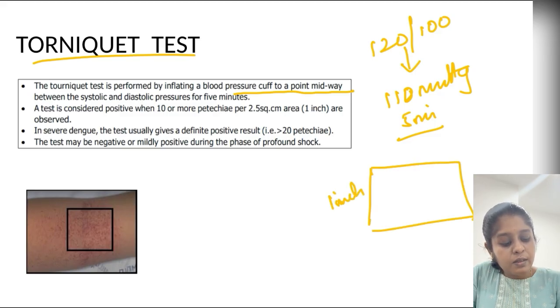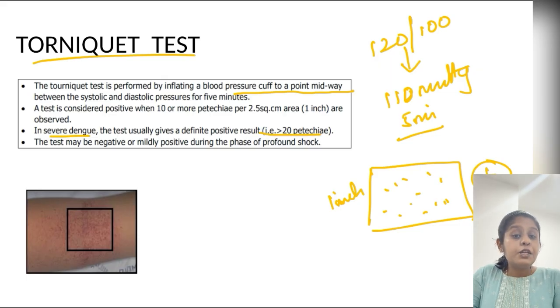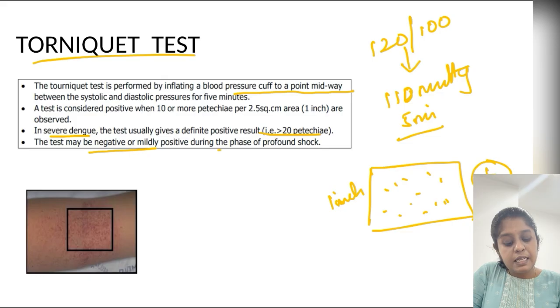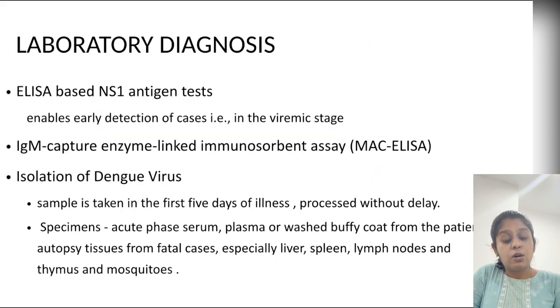If you see more than 10 petechial spots, then the tourniquet test is positive. So in severe dengue, this will give a definite positive of more than 20 petechiae. So that means the coagulopathy and the thrombocytopenia is so severe to cause more than 20 petechiae, and the test may be negative or mildly positive during shock.